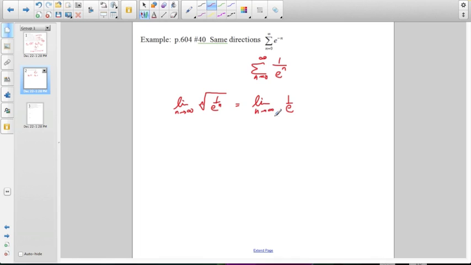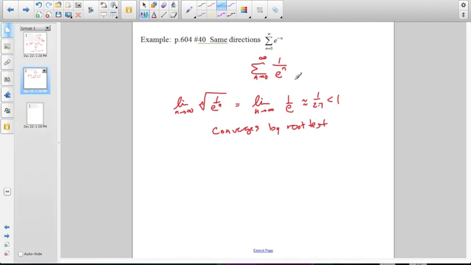And of course, 1 over e is approximately 1 divided by 2.7, which we know is less than 1. So since that's less than 1, this converges by the root test.